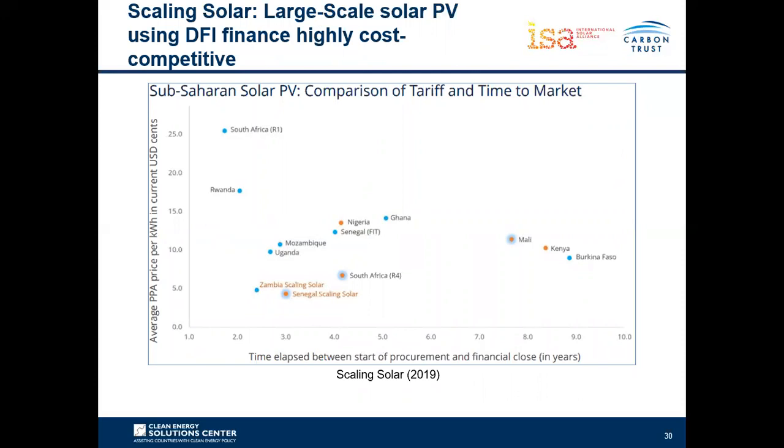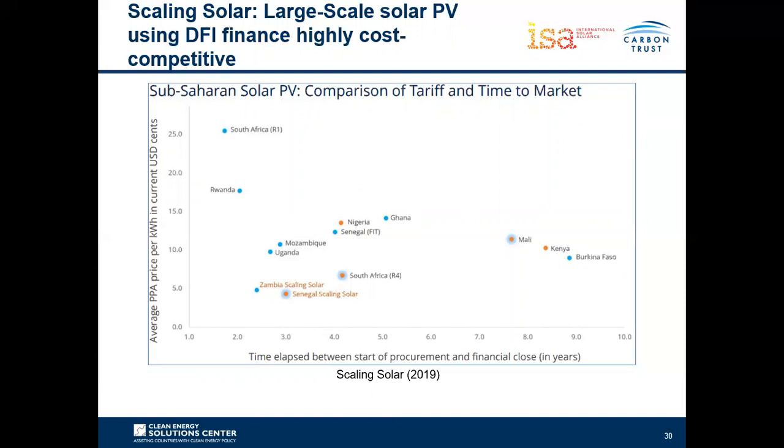We can see compared to the other African nations, the Scaling Solar in Senegal and Zambia are very cost competitive, and the time between procurement and financial close was relatively short, a lot shorter than in some of the other cases, because of this one-stop shop arrangement where finance was pre-arranged by the IFC, and all of the permitting, system design, and the documentation, the procurement process was predefined and prearranged, and this gave great certainty and reduced the cost at risk for developers.